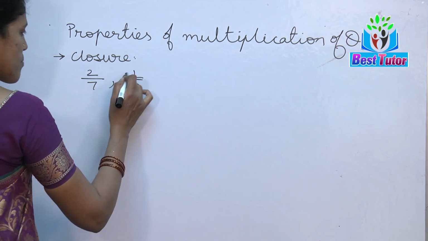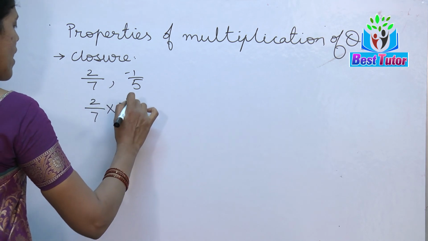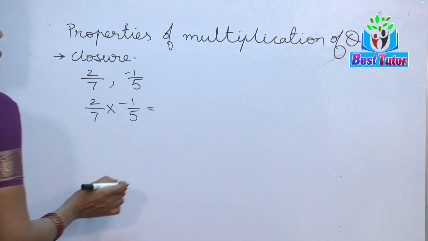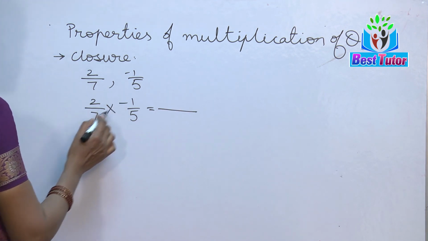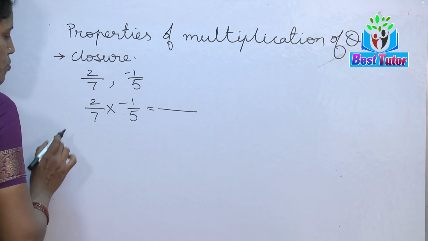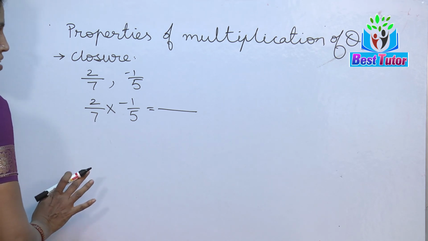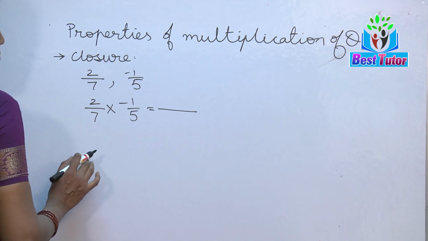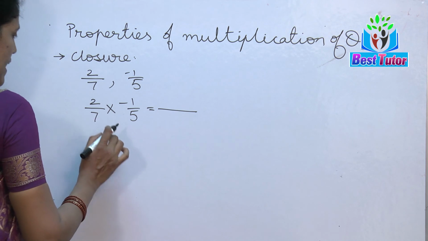Let us check it. Let me take minus 1 by 5. Now 2 by 7 into minus 1 by 5 is equal to, as we are already aware, the first step is to check if there are any common factors in the numerator and denominator. In this example, there are no common factors. So we move on to the next step. The next step is to multiply the symbols. Here it is a positive sign, here it is a negative sign.